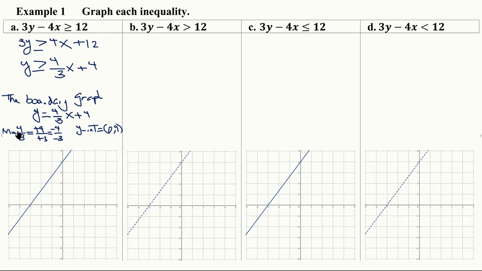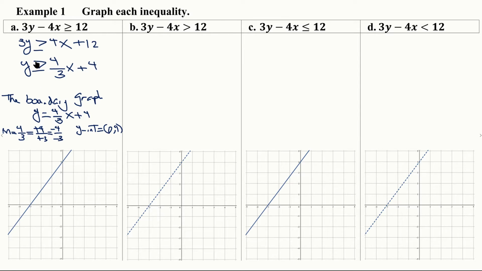Remember, the top of the slope formula is the change in y. So you may go down 4 and then left 3. So from here, we go down 4 and left 3 to get to another point. And then we draw the line, okay?